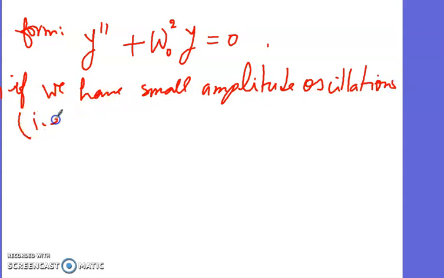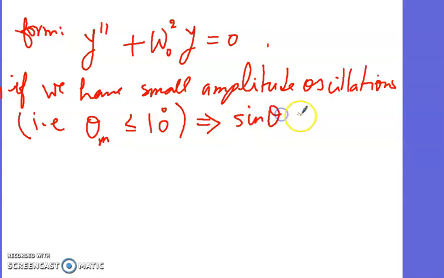That is the maximum value of angle must be less than or equal to 10 degrees. Clear? So if you try this on your calculator, take sine 10 degree and see how much, and change angle 10 degree into radian. You can notice that sine theta is approximately equal to the angle theta but in radian.